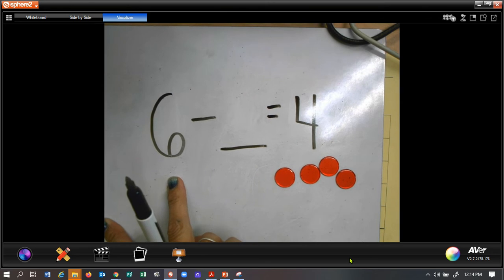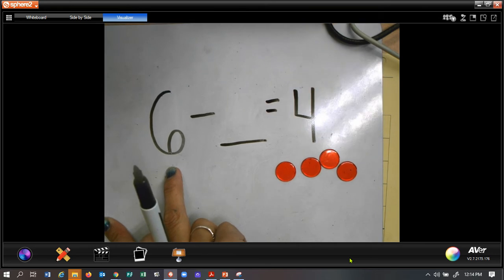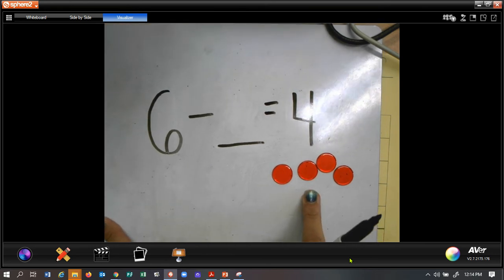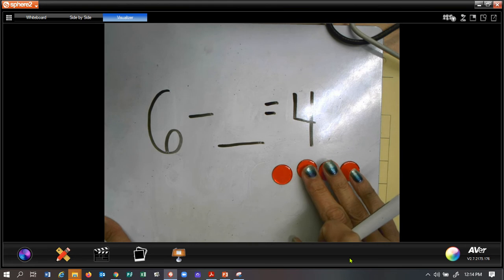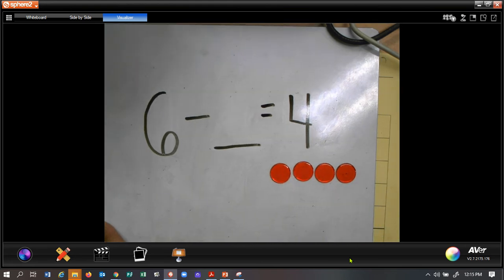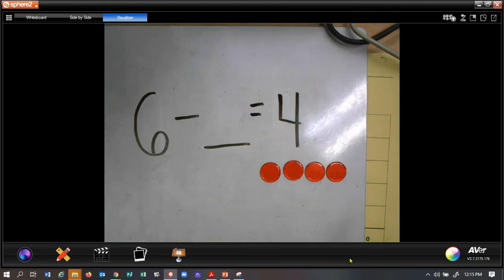Remember, I had 6 altogether. This is my whole. I'm left with 4. What number plus 4 will give me 6? Let's pause.